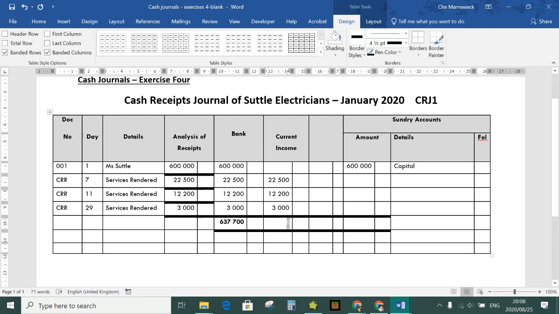We add up the values in current income, 22,500 plus 12,200 plus 3,000, and we get 37,700. We add up all the money in sundry. There's only one amount, so 600,000. And if we said all the other columns added together will give us bank. Okay?